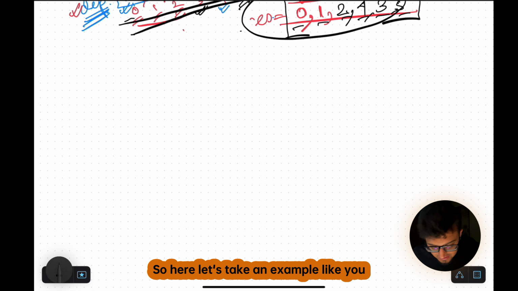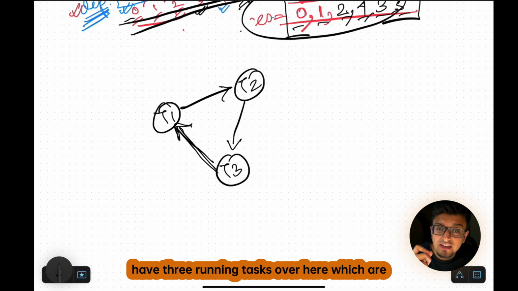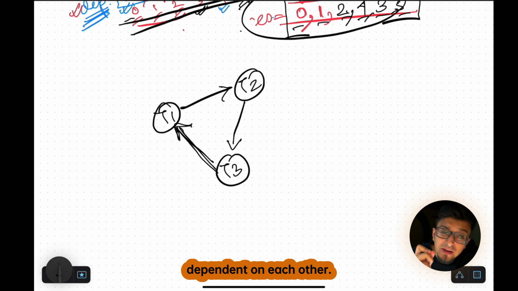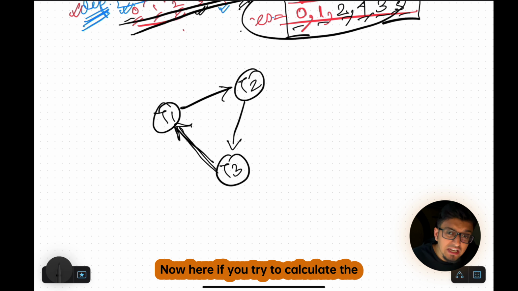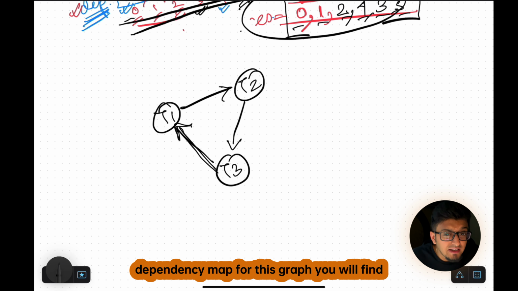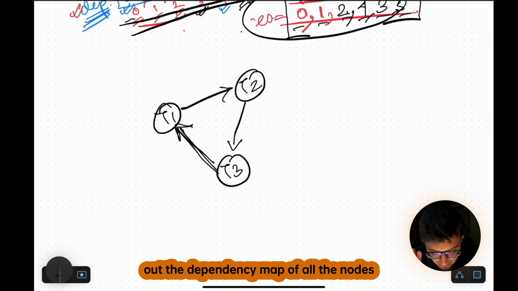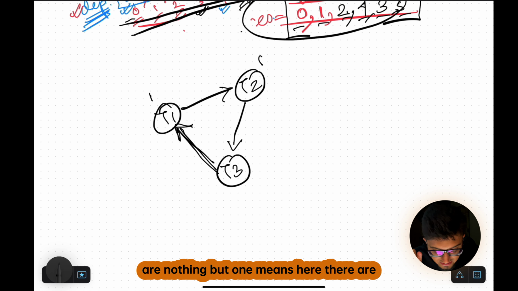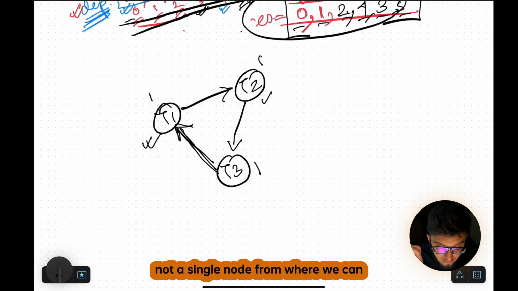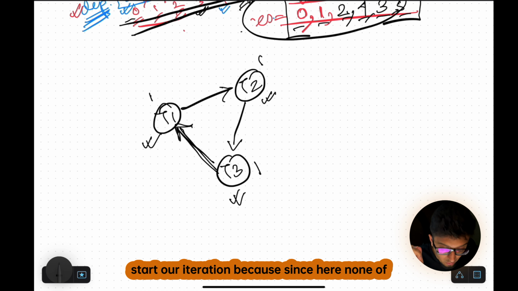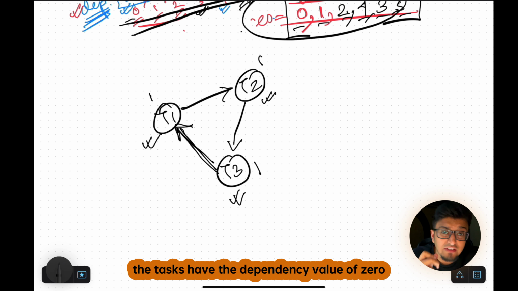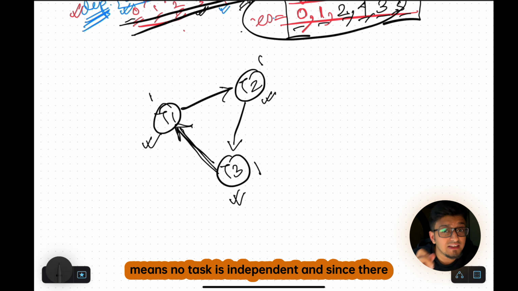Here let's take an example where you have 3 running tasks which are dependent on each other. If you try to calculate the dependency map for this graph, you will find that the dependency value of all the nodes is 1. This means there is not a single node from where we can start our iteration, because none of the tasks has a dependency value of 0, so no task is independent.